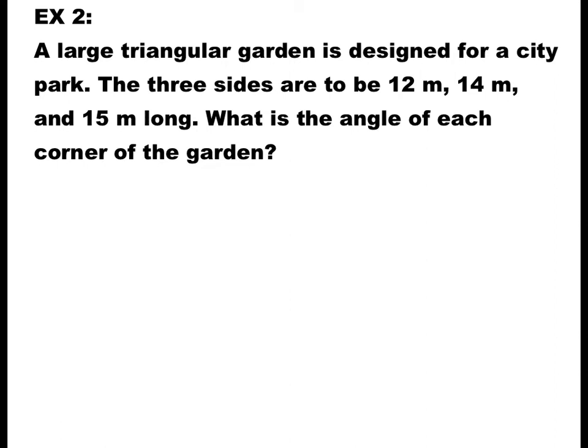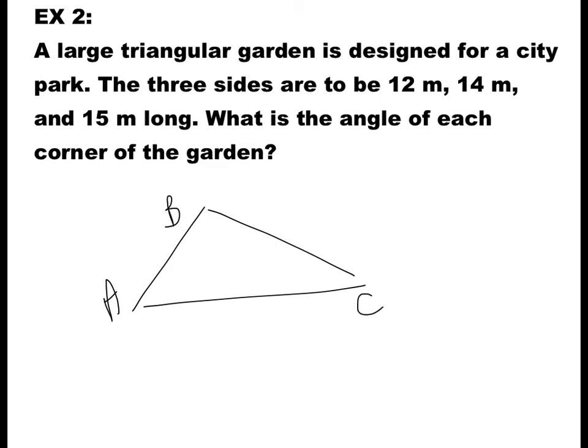Okay, as usual, we have a word problem, so we are going to draw the triangle first. So I'm going to draw a triangle like this one, A, B, C. We know that the three sides are 15, let's say 14, and 12.